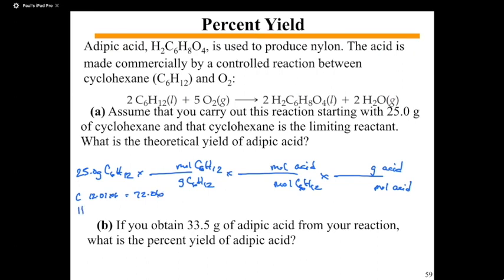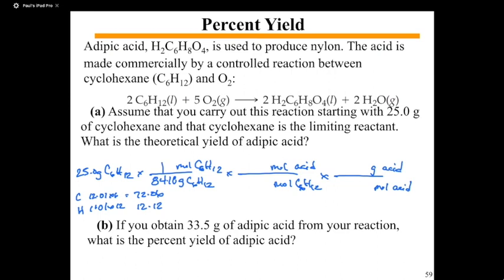And hydrogen weighs 1.01 times 12, which is 12.12. And that gets down to 72.06 plus 12.12 equals 84.18 for one of those.